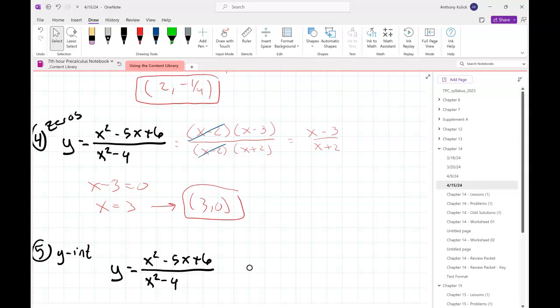Vertical asymptote, reduced denominator set equal to 0. Removable discontinuity, the things reduced from the denominator, the stuff you crossed out, set equal to 0. Zeros, reduced numerator set equal to 0. Which I know is kind of confusing.